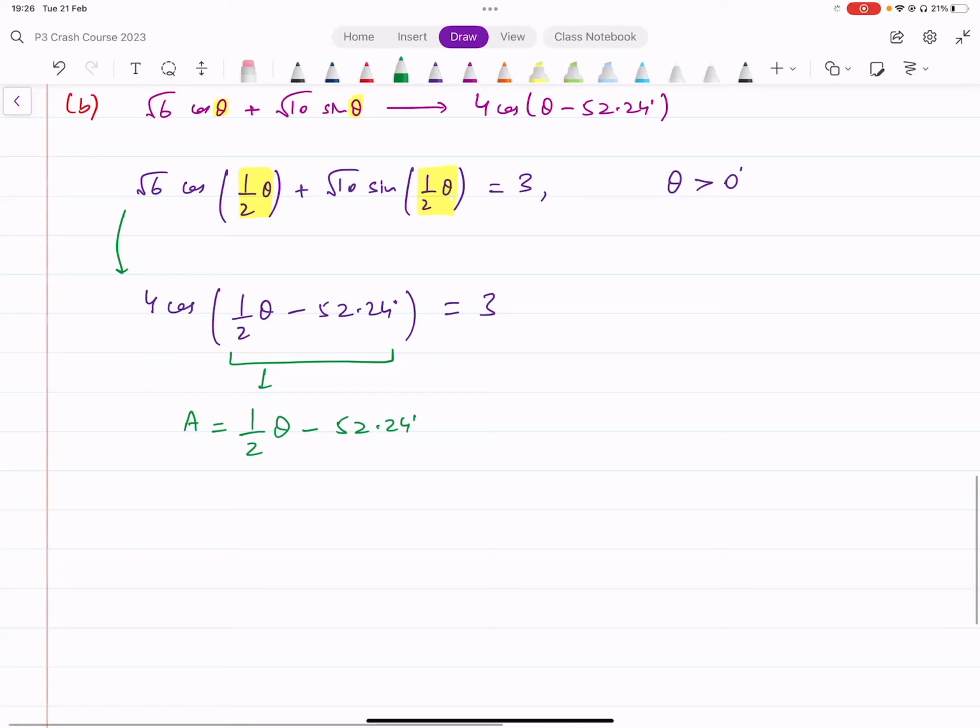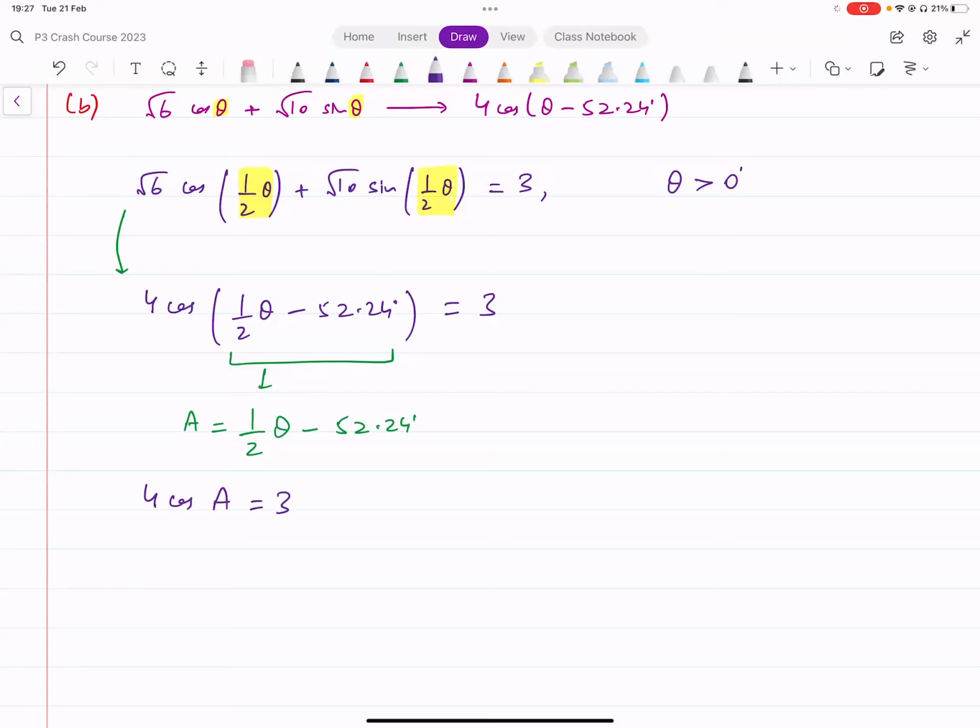That's the substitution that you use. So this equation converts to 4 cos of A equal to 3 now. This is the equation that you need to solve.